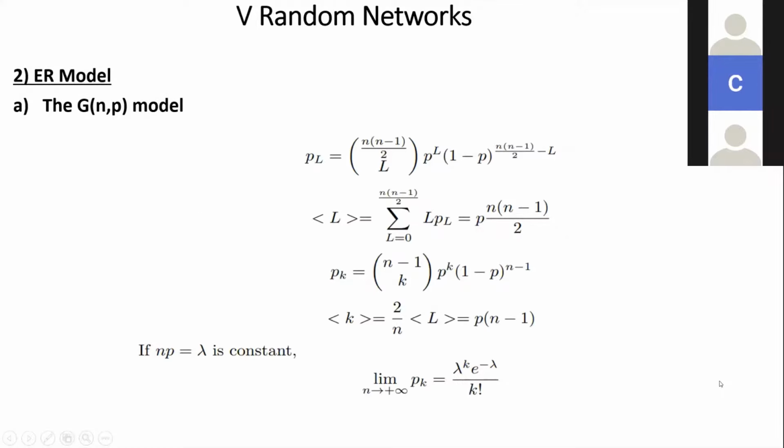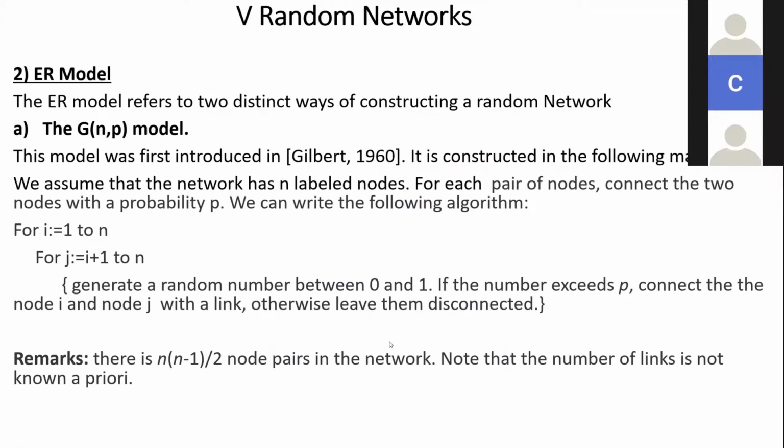So you have these results. Excuse me, if you go back to the previous page, you wrote i from 1 to n, then j. So i goes from 1 to n, where n is the number of nodes in the network, and j goes from i plus 1 to n.